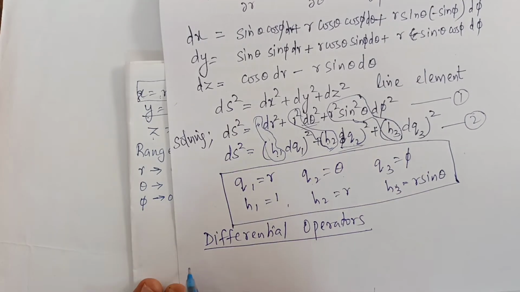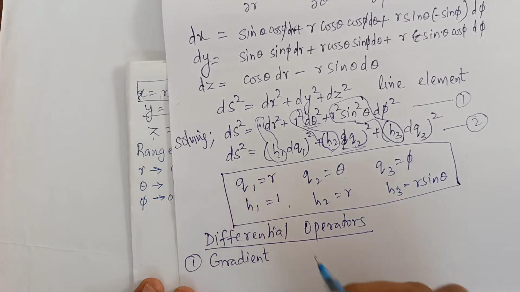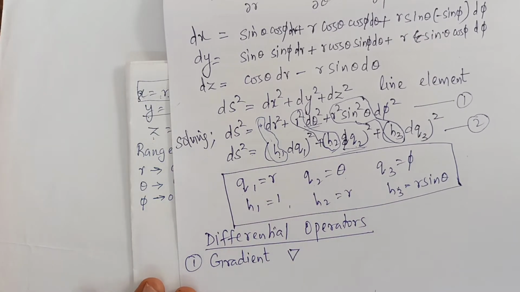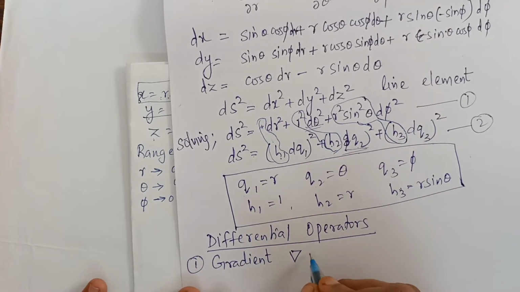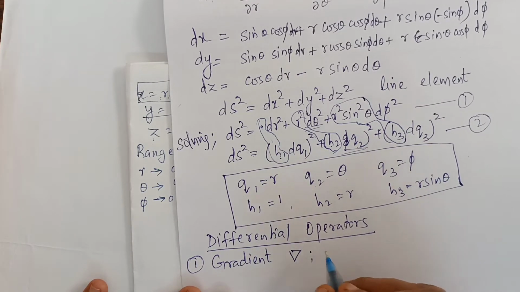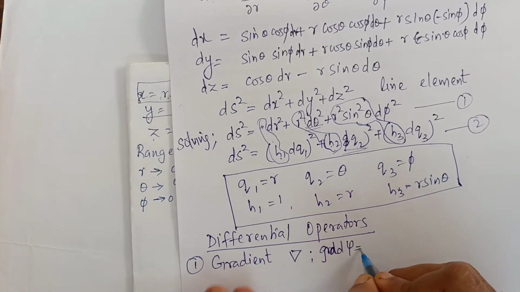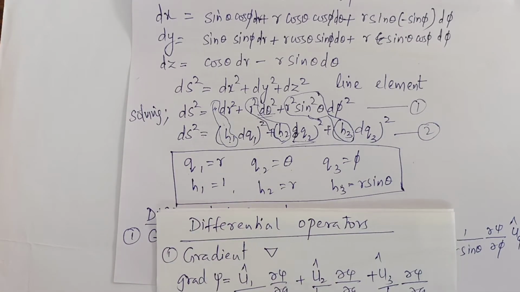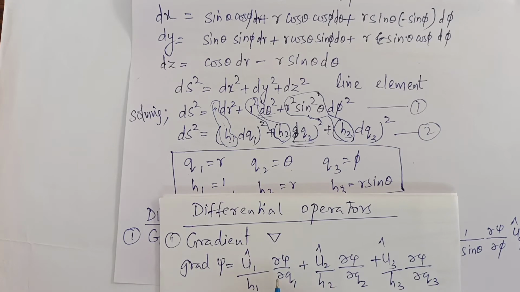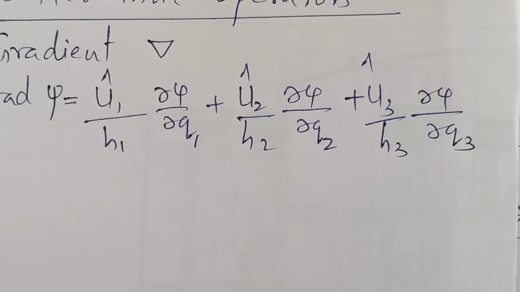Let us first start with the gradient, or grad, which is represented by this symbol. In curvilinear coordinates, we have already written grad psi, or del psi, is equal to u1 by h1 dou psi by dou q1 plus u2 by h2 dou psi by dou q2 plus u3 by h3 dou psi by dou q3.